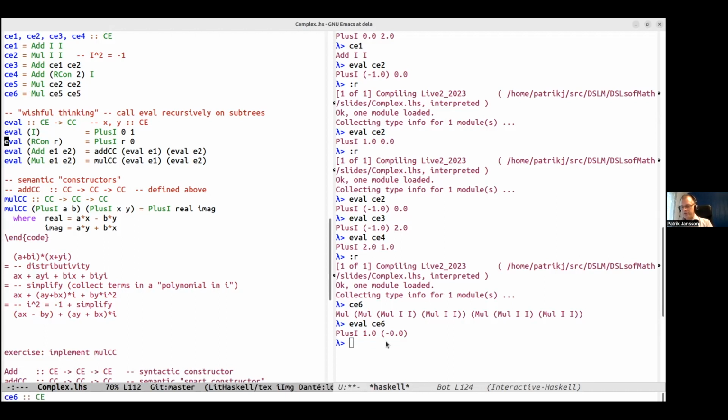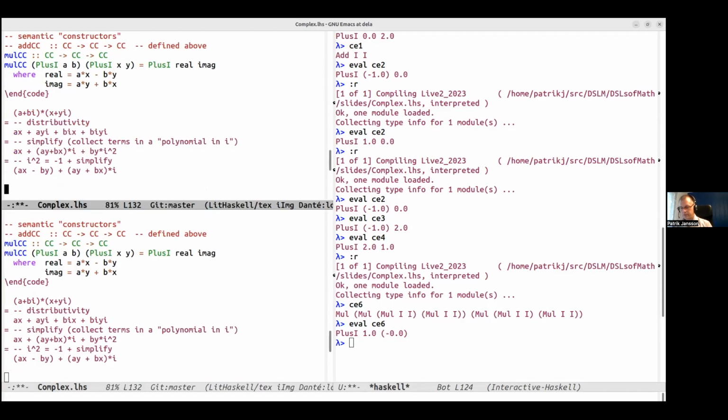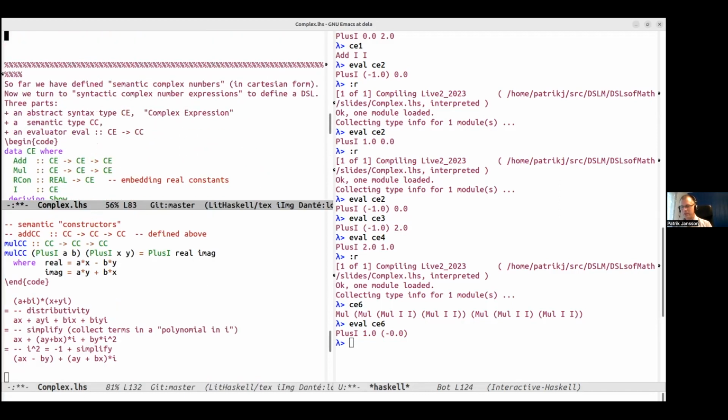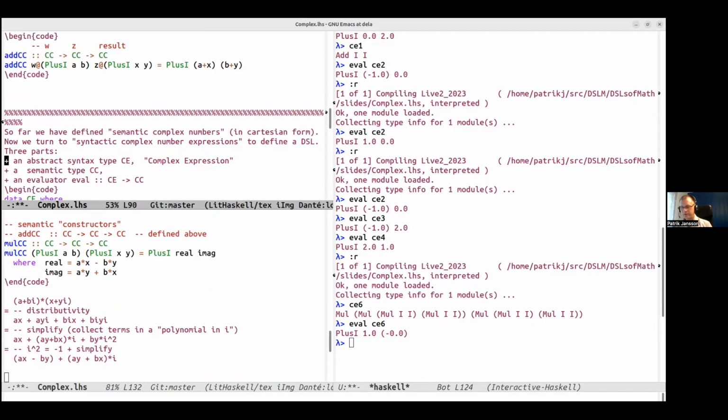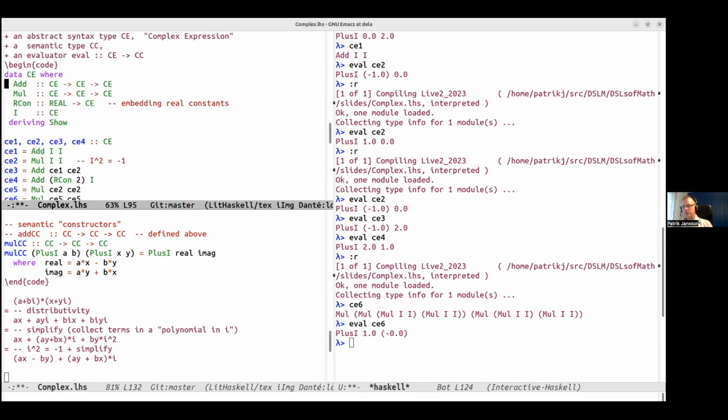Okay, so if you sum this up, we have implemented a DSL, a very simple language, the complex expressions language, which has addition, multiplication, embedding of real constants, and the imaginary unit. With that, you cannot express everything in the complex numbers. I haven't got square roots or sine or cosine or exponentials and so on. But it shows the basic structure of how to implement a small language.